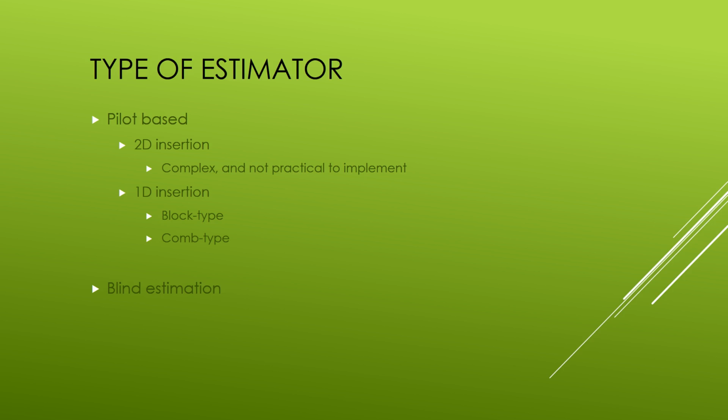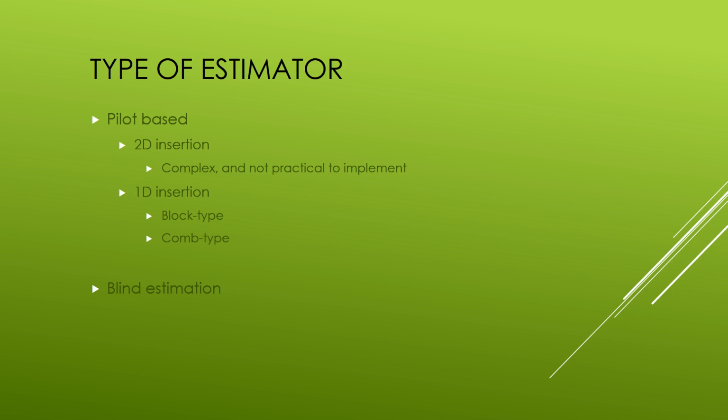So the ideal implementation of a pilot-based estimator, considering minimizing the mean square error metric, is to insert the pilot in two dimensions, but inserting the pilot in both time and frequency dimensions is so complicated and not practical to be implemented in the real-world OFDM system. So the one-dimension insertion is used more in the real world.